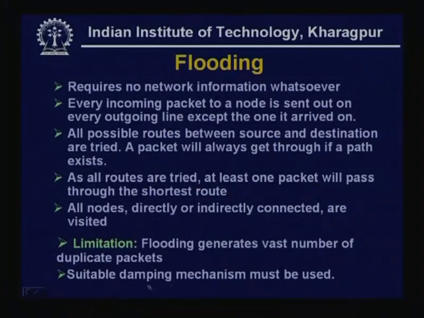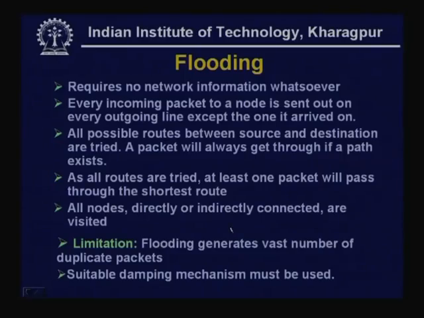The number increases in an unbounded manner. So, suitable damping mechanisms must be used. If we use flooding, then the network will receive a large number of packets, which may make it congested. We do not want that.